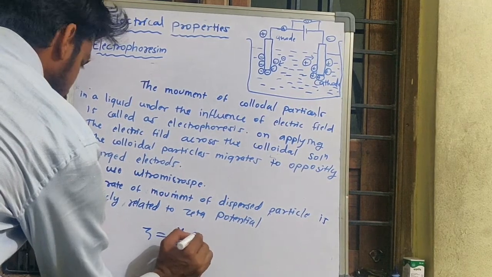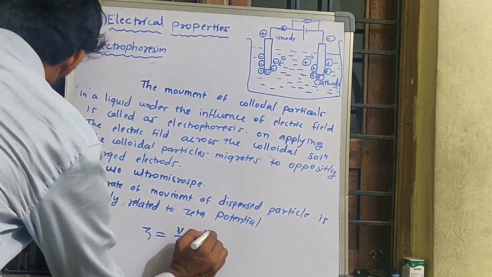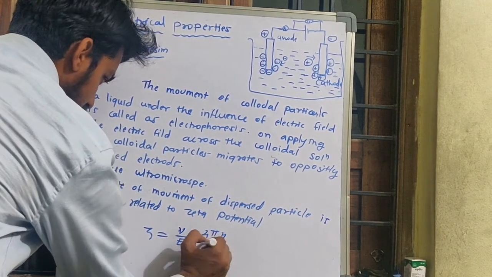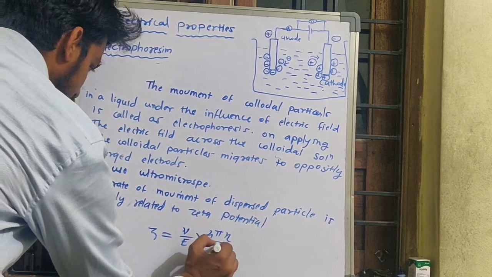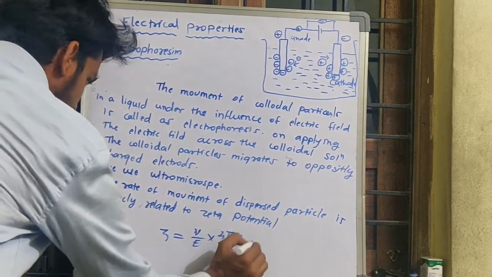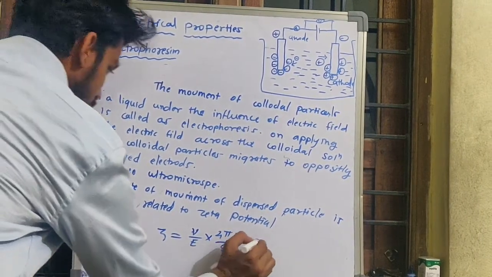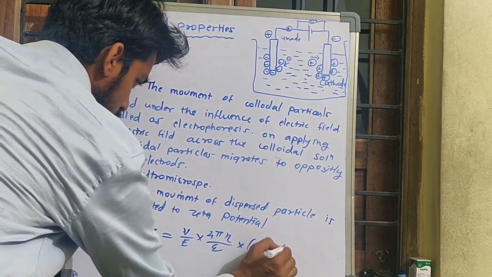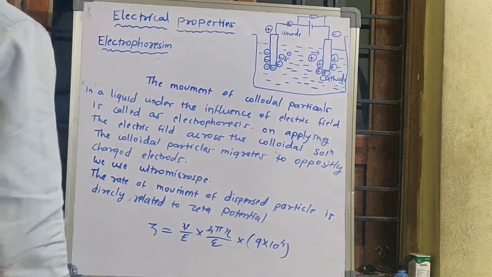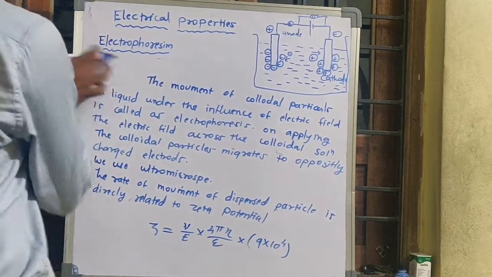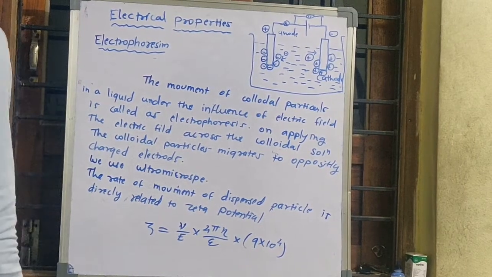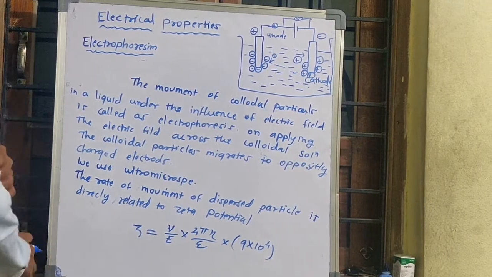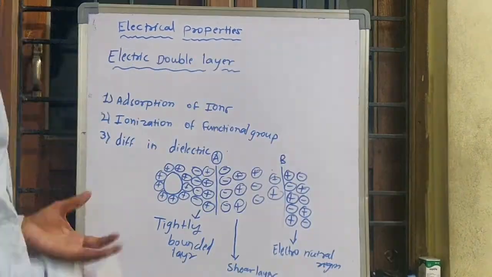V by E equals 4 pi eta divided by epsilon. We use this equation to determine electrophoresis. So just take a screenshot.